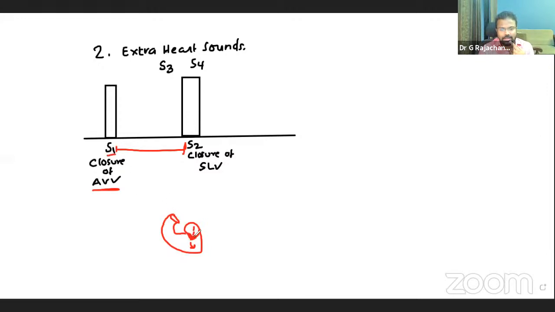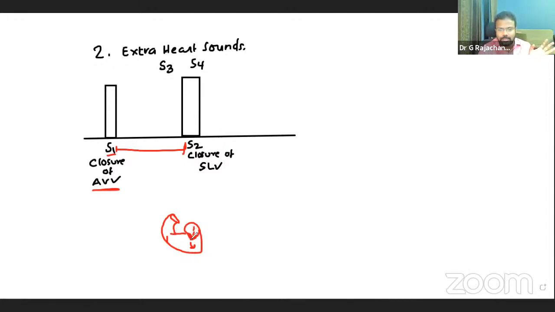Okay. When the mitral valve closes, immediately after some time, what happens? There is opening of the aortic valve. So that means S1 will be followed by opening of the aortic valve. Opening of the aortic valve is relatively silent, so you won't get any sound.